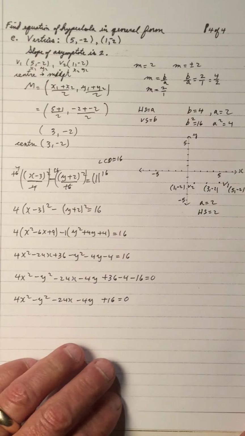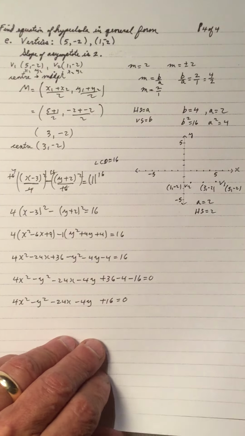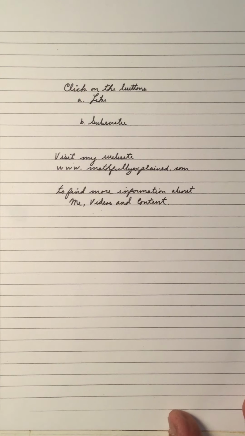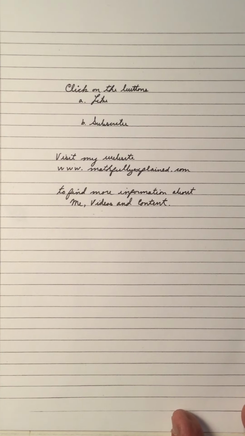I hope that helps you understand the general form when the center is not 0, 0. It takes a little bit of math to work out the general form, but working out the equations helps you manipulate your math skills.